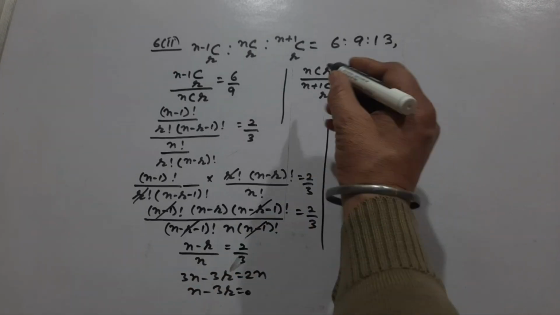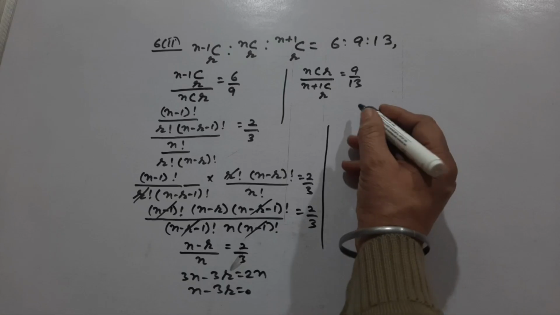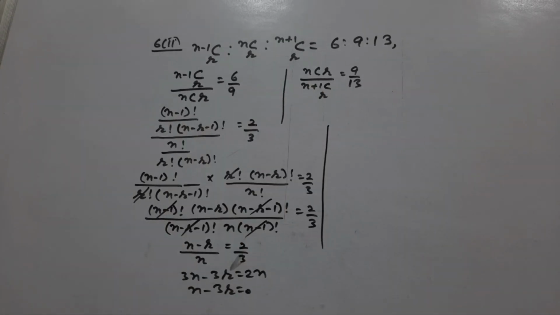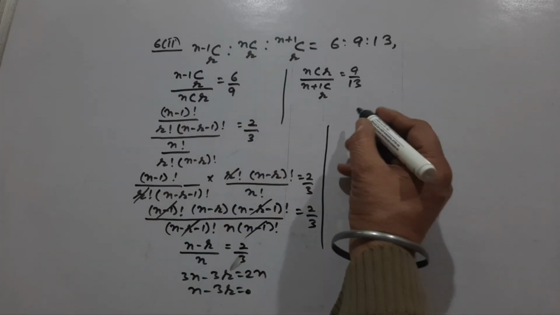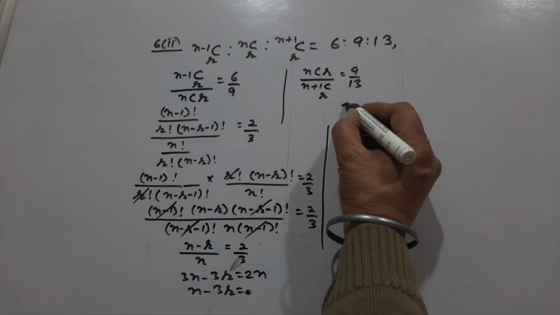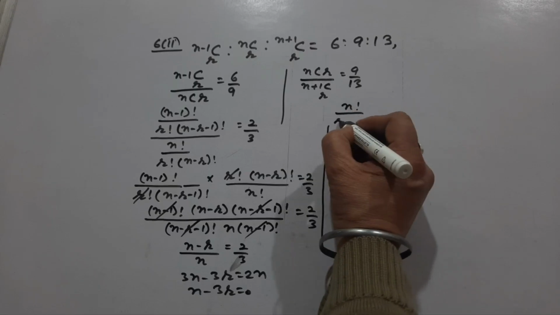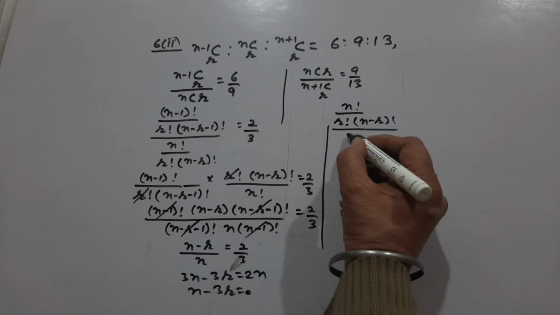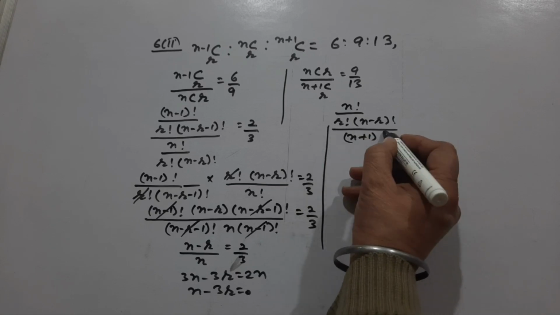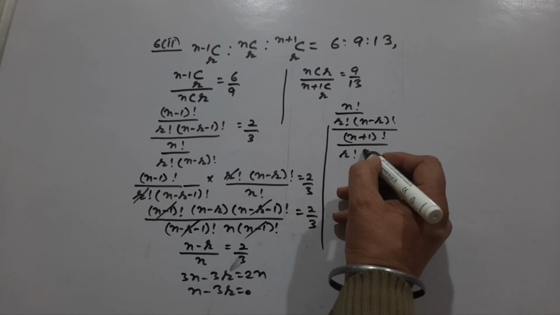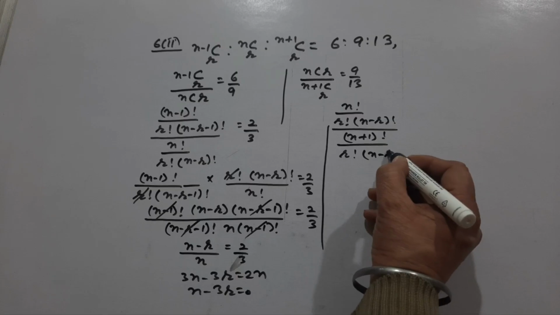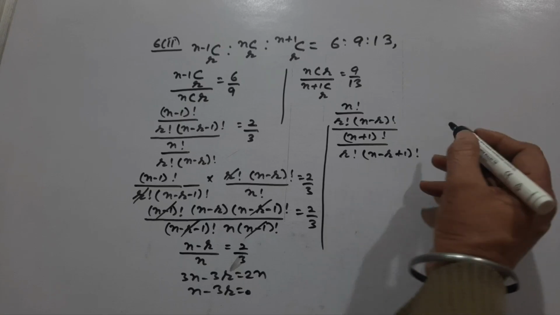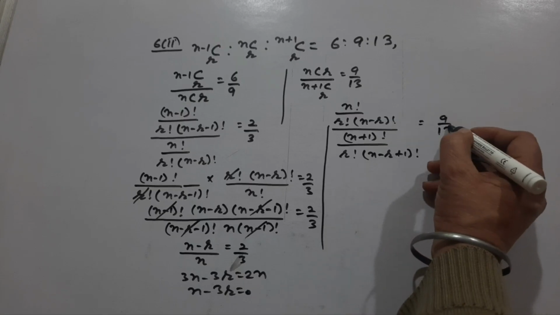Now this side, so on solving it in the same way, n factorial upon r factorial n minus r factorial upon n plus 1 factorial upon r factorial n minus r plus 1 factorial equals to 9 by 13.